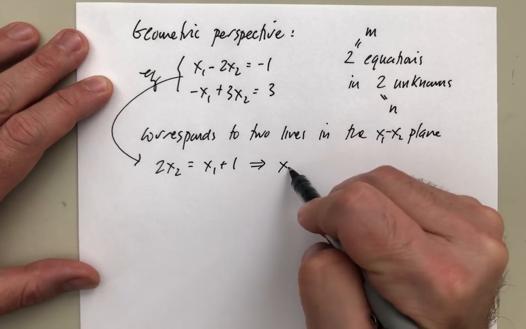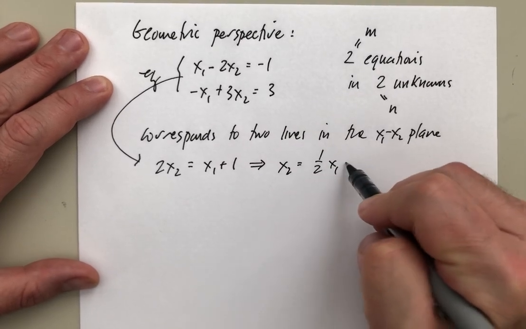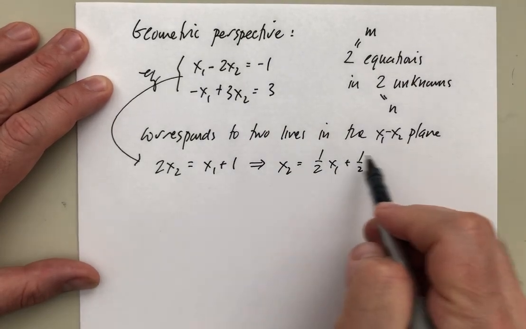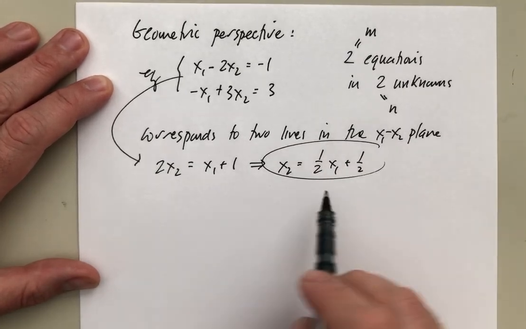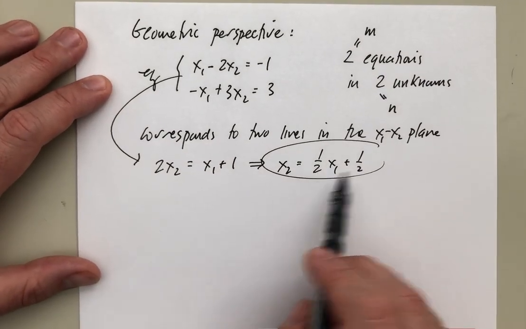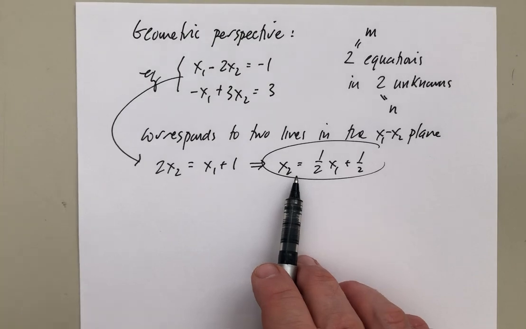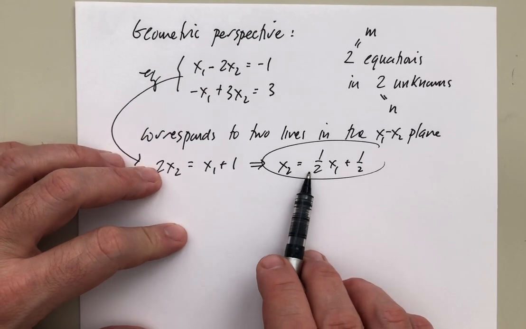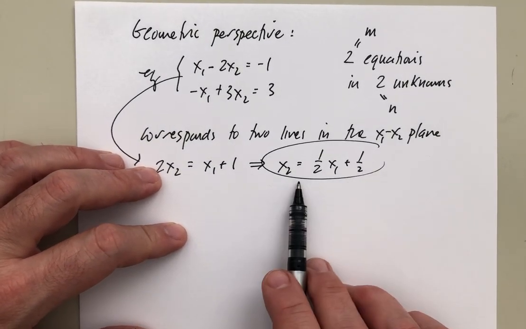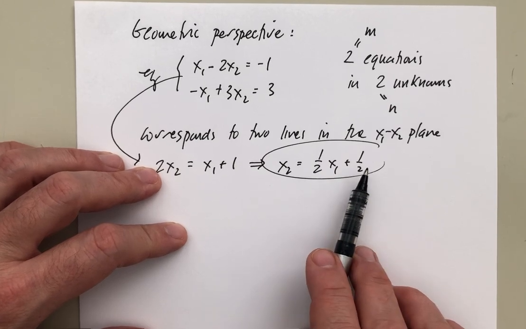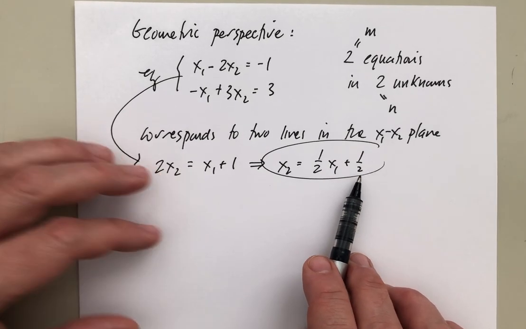In other words, x2 equals 1/2 x1 plus 1/2. Look at that, that's a line. You might be used to y equals mx plus b. We just called the variable something else. So x2 equals 1/2 x1 plus 1/2 is a line with slope 1/2 and y-intercept, or x2-intercept, 1/2.